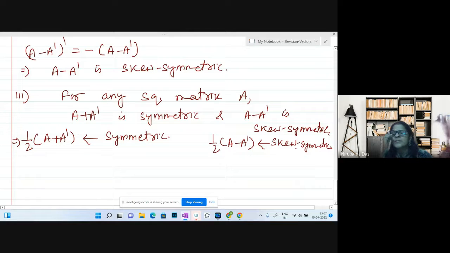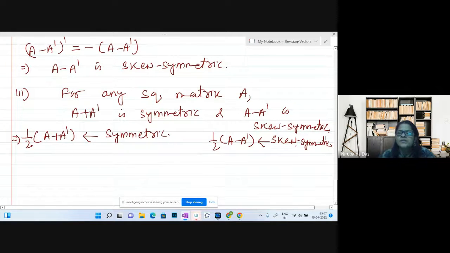The diagonal elements are 0, 0, 0, depending upon whether we are taking 2 by 2 or 3 by 3. And the upper diagonal and lower diagonal elements have opposite signs, and even if you multiply by half, that will not change.